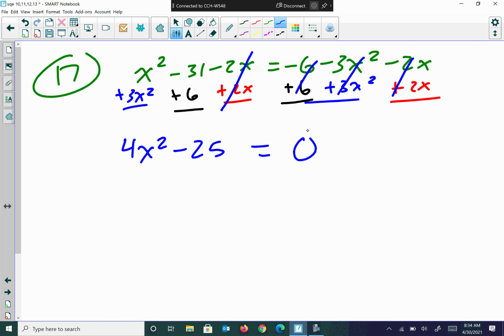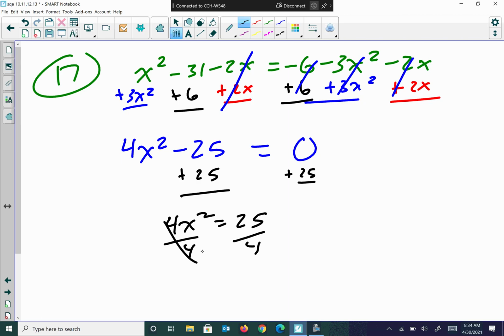I would have a 0 if I use the quadratic formula, but I'm going to choose to not use the quadratic formula on this at all, because I know if I add 25 to both sides, I get 4x squared equals 25. Divide each side by 4. Those cancel. So x squared equals 25 over 4.